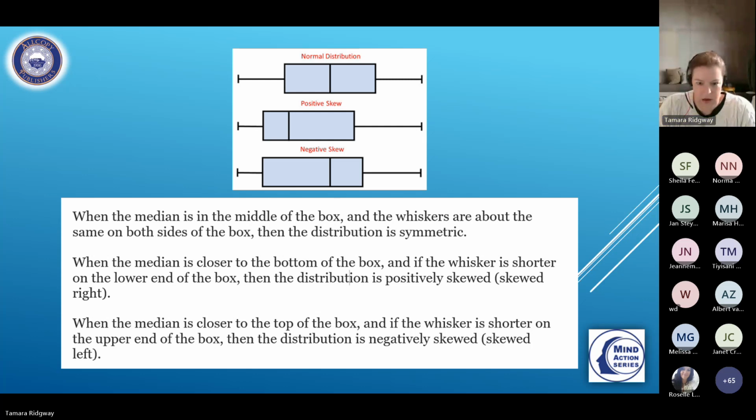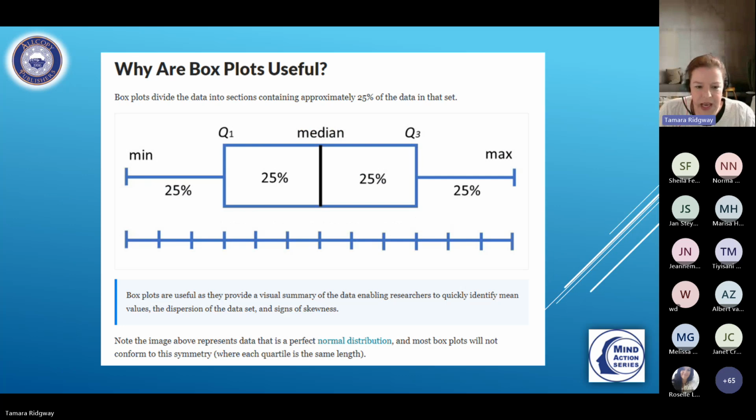This last slide here: why are box plots useful? For me, this pulls together the two things. They are useful because they can summarize a lot of data. They can summarize it visually, and they enable you to analyze that data very quickly.